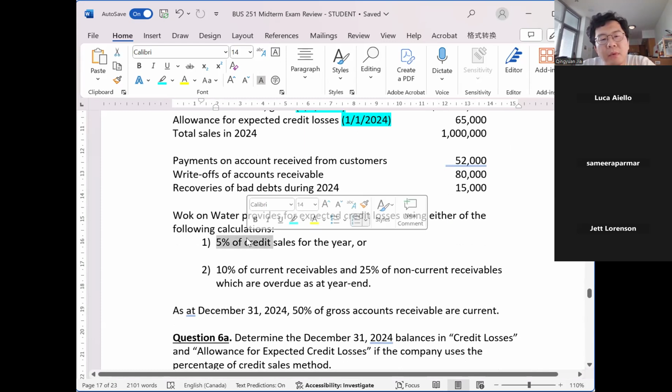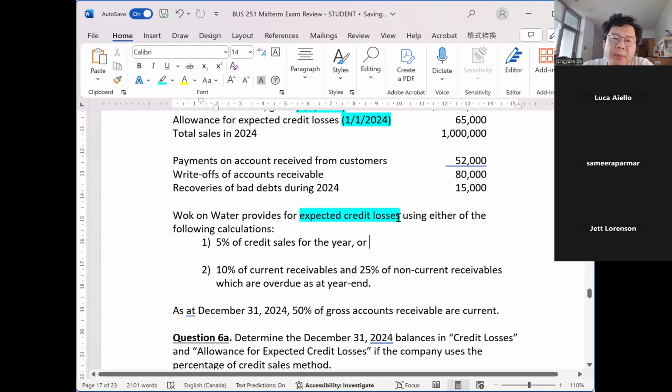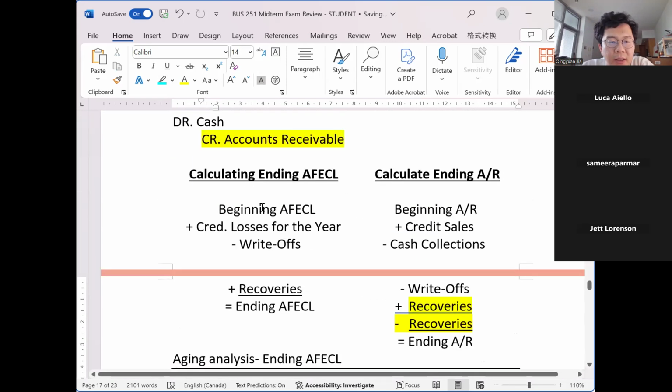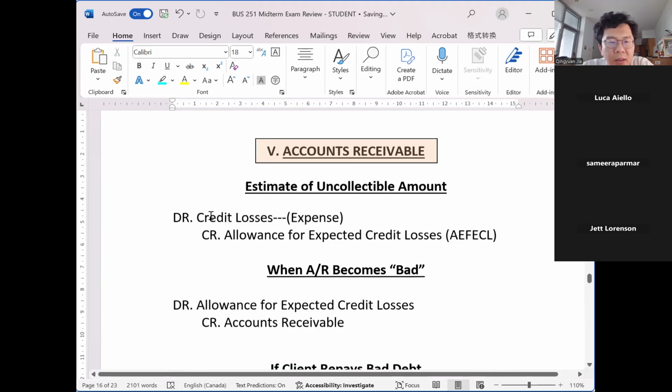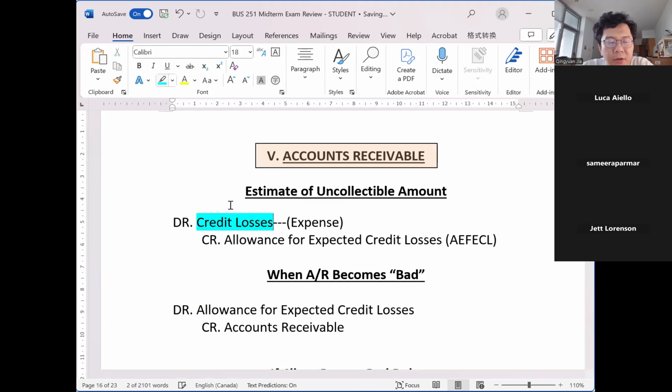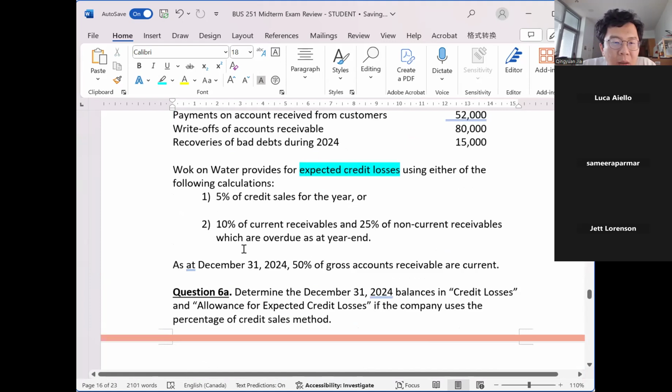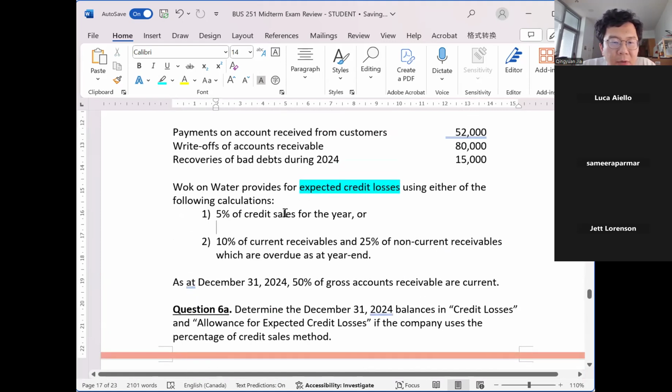Expected credit losses. So when we see this expected credit losses, we are actually calculating this part, credit losses for the year, right? We are doing this one, credit loss for the year. And it is 5% of credit sales for the year. So it means that we can directly calculate it out.